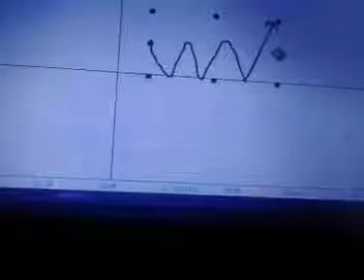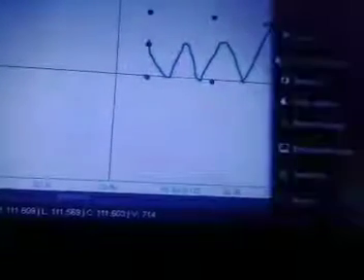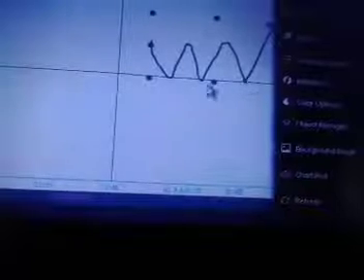So if the market doesn't give you a confirmation to enter a buy here, it is most likely that the market will break. In case the market breaks, it's going to look something like this. You see the market comes down here, goes up, comes back, goes up, comes back, goes up.